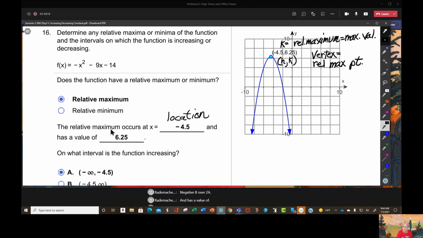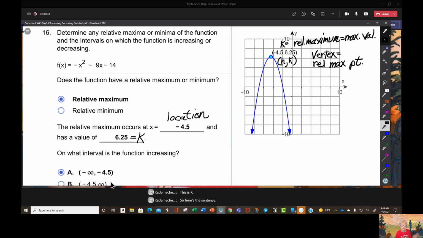The relative maximum is the maximum value. This is K. So here's the sentence.